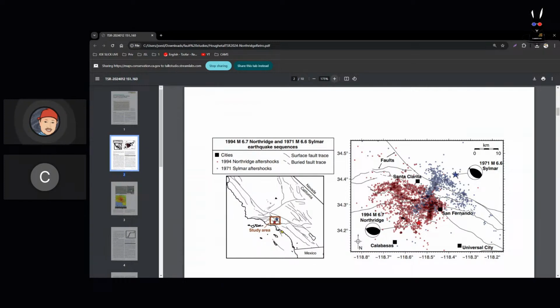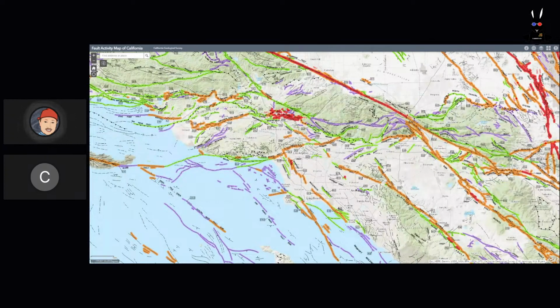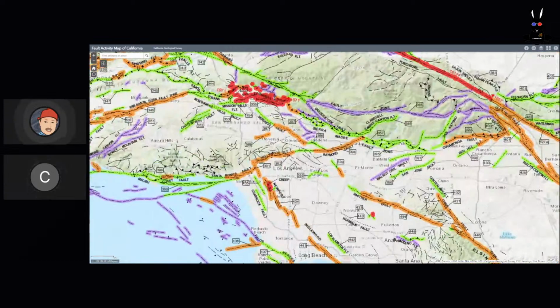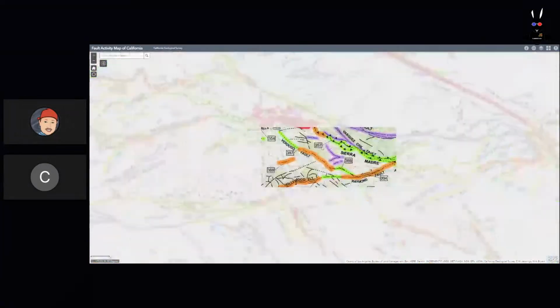Yeah, 6.6 was the Sylmar, 6.7 was the Northridge. Well, they're both thrust faults, right? Yeah, looks like that. Sierra Madre. Is that the one that runs in between these two? Let me see here.